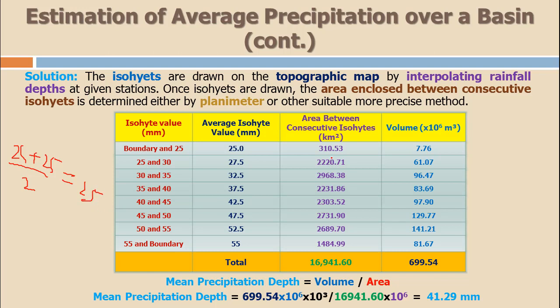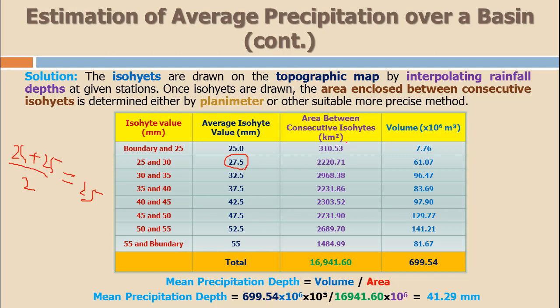Okay, 25 millimeter. Similarly, 25 and 30 average is 27.5. 30 and 35 is 32.5. Similarly, the last is 55 and the boundary is also 55, so the average will be 55.